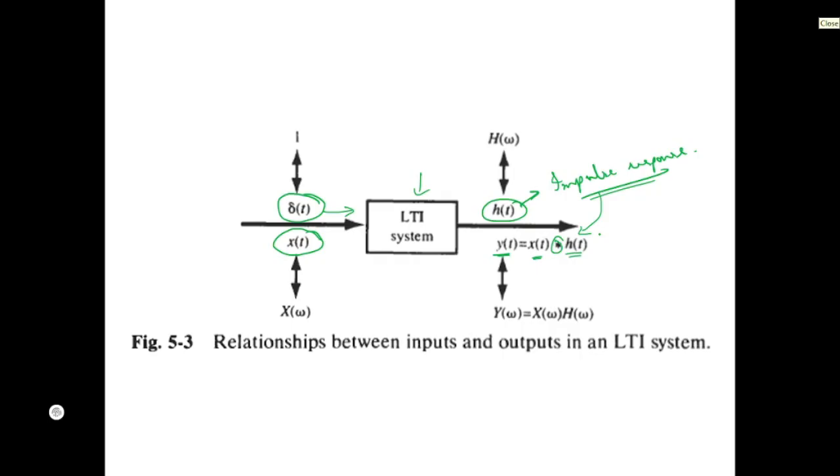That means in the presence of an impulse, how the system behaves is what we are determining, and then that characteristic of the system is used to determine the output of the given system when we give a signal x(t).